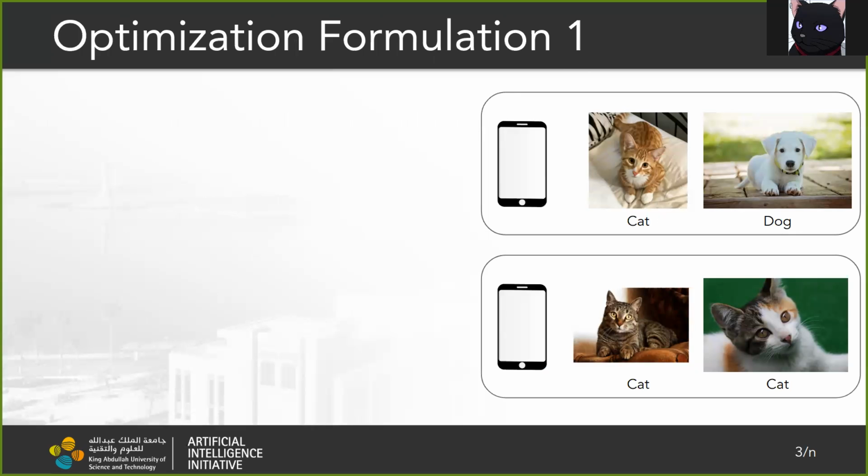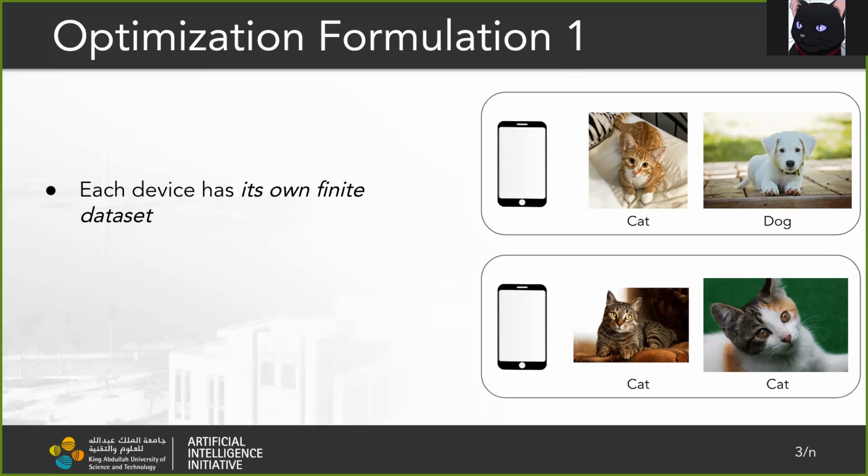So the optimization formulation that we have is that each device has its own finite dataset. So for example, if we are building a classifier that can separate between cats and dogs, then device one has a few pictures and device two has a few pictures with their corresponding labels.